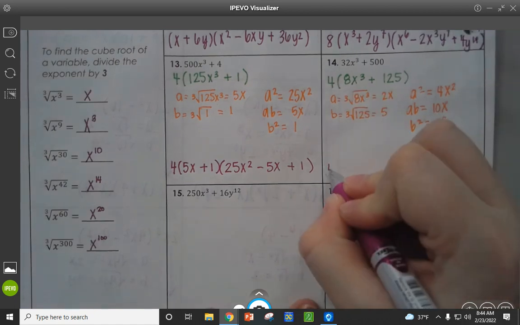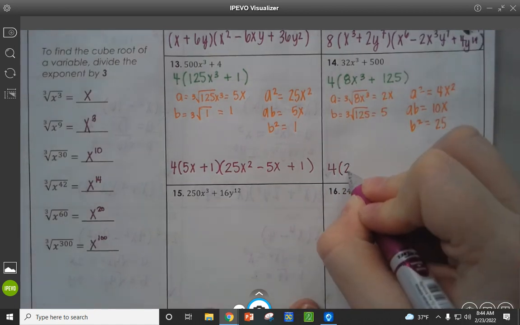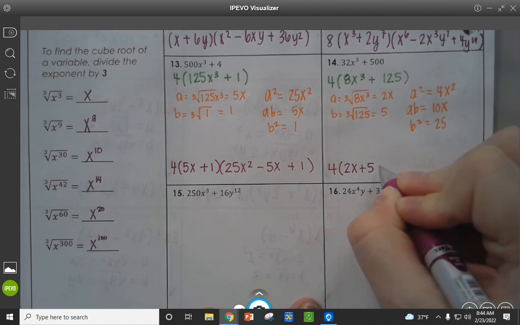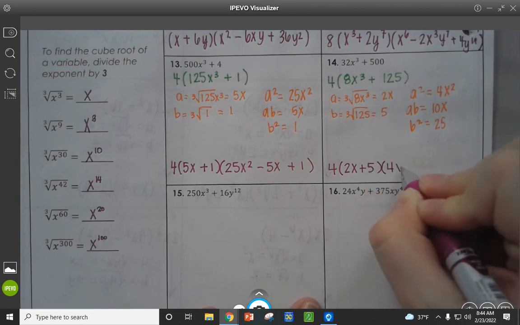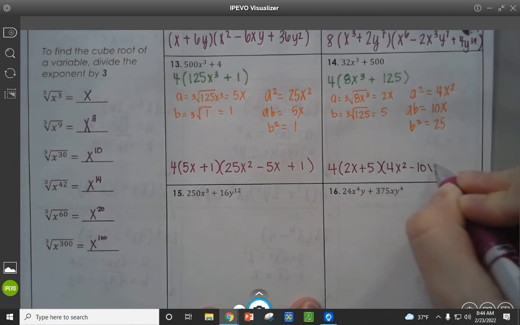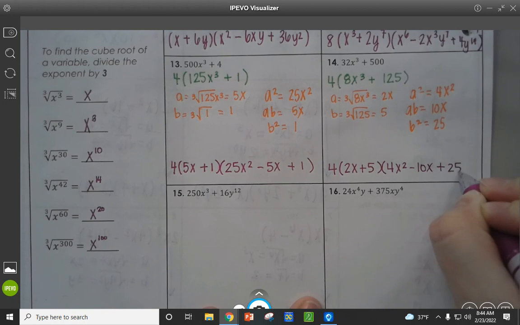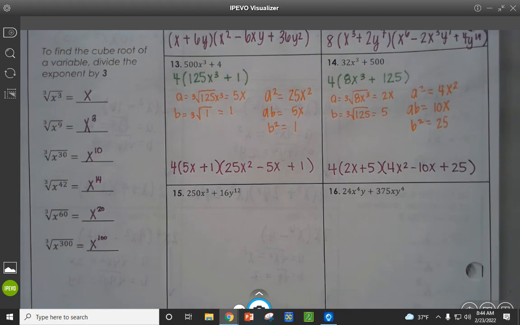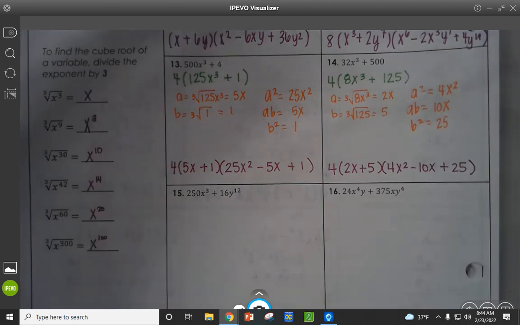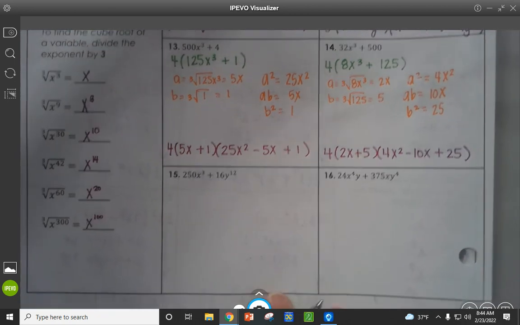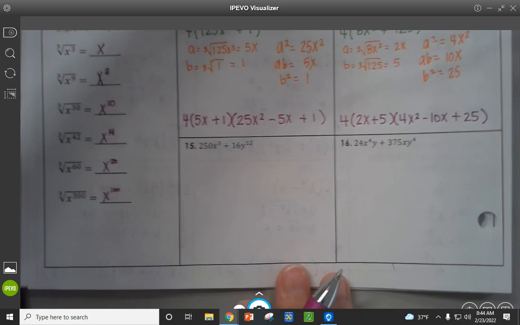If you bring down your GCF, 2x plus 5, 4x squared minus 10x plus 25. I feel like on all these we've used 8 and 125 on all of them.